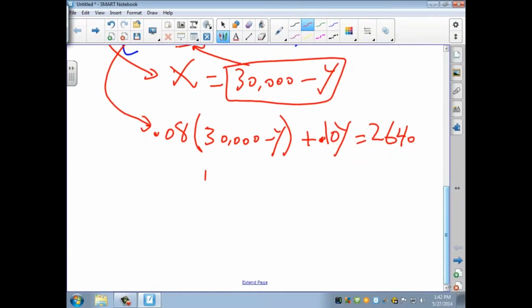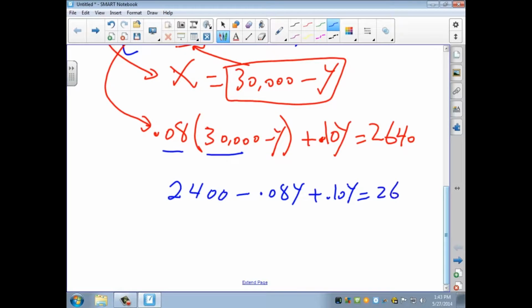Now you basically have an equation in one variable. Let's simplify that. 0.08 times 30,000 is 2400 minus 0.08 times y plus 0.10 times y equals 2640.